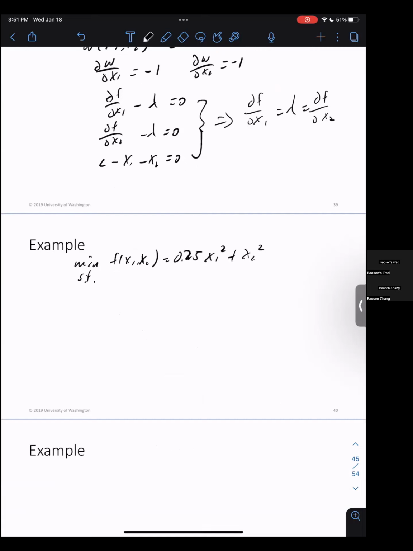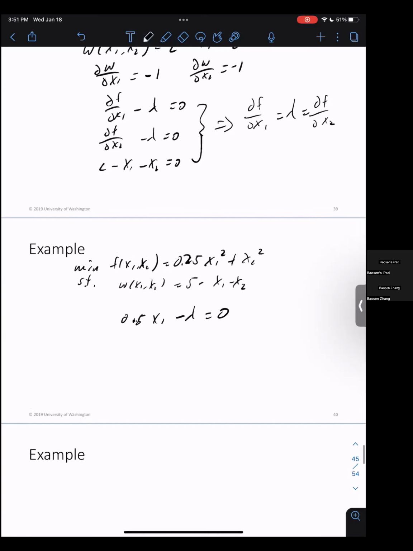5 minus x1 minus x2. Again, in the homework you just have more numbers; the idea is the same. So you take a derivative with respect to x1: 0.5 x1 minus lambda equals 0. This is your first condition. The second condition is 2 x2 minus lambda equals 0.